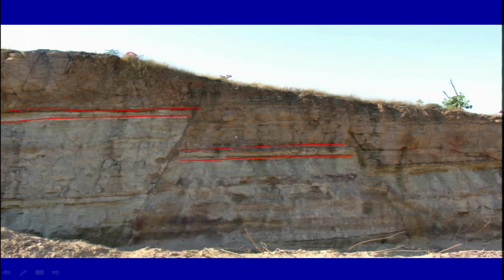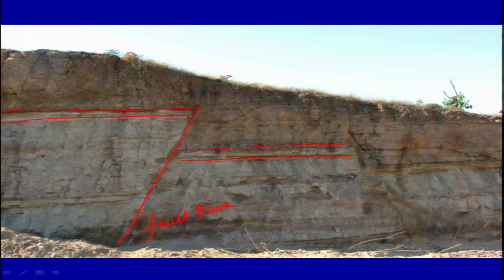So on the top you have this reddish sandstone, here also you have reddish sandstone, and this has been demarcated, the displacement along this plane, and this is what we call the fault plane.